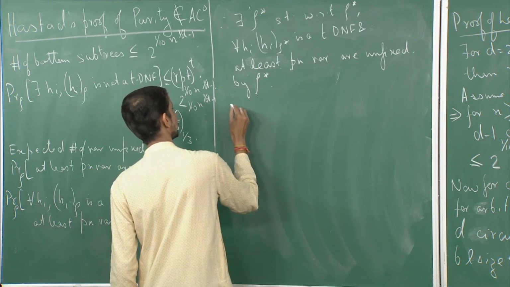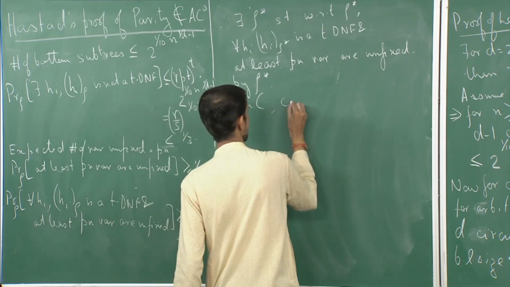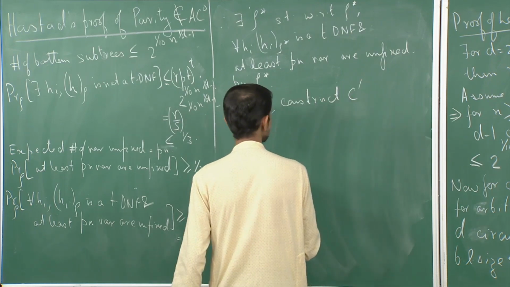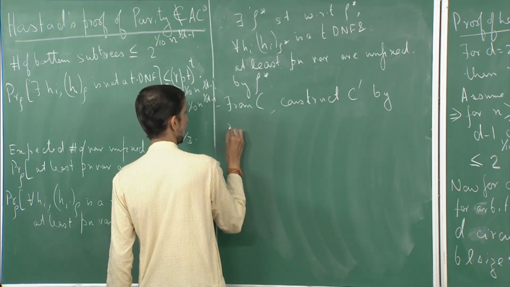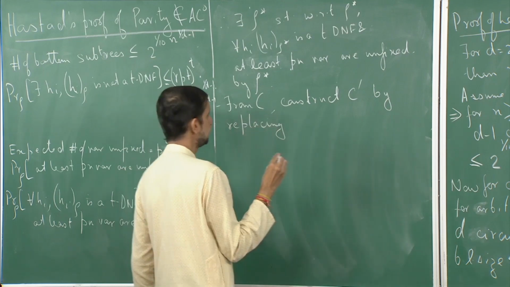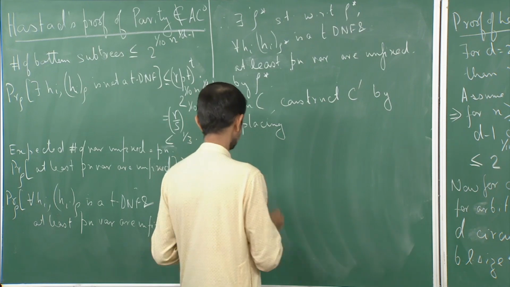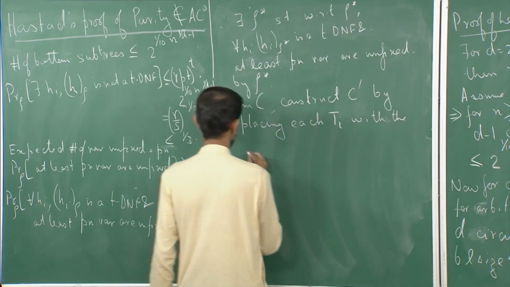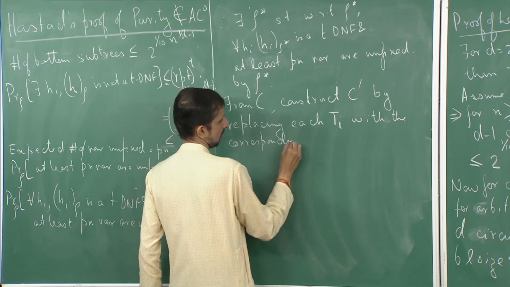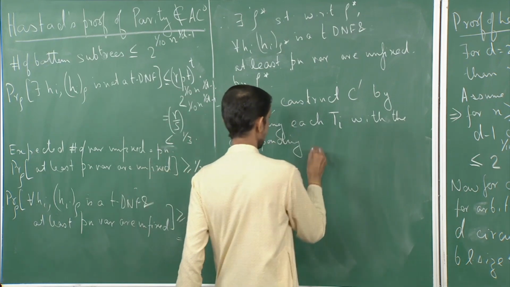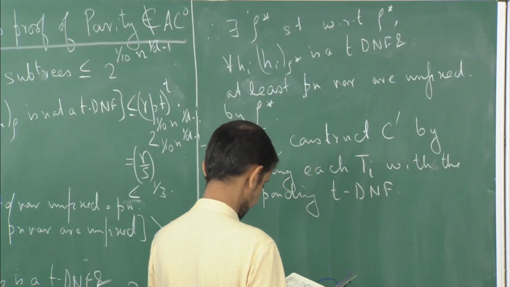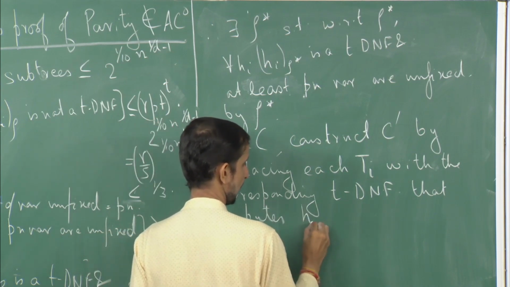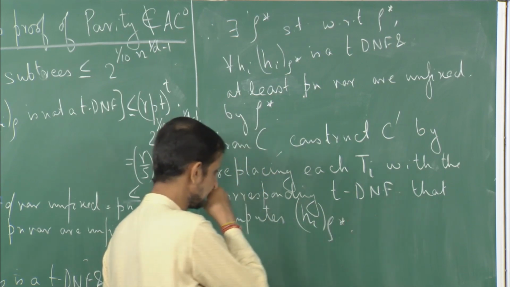So from C, construct C prime by replacing each T_i with the corresponding t-DNF that computes H_i restricted to rho star.